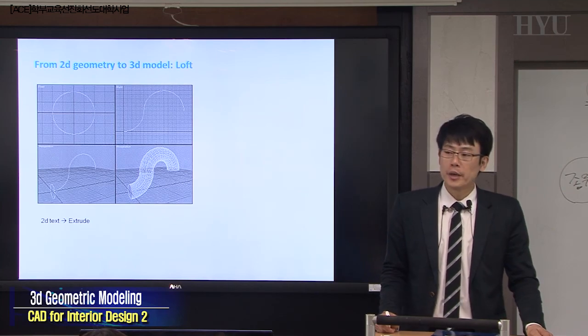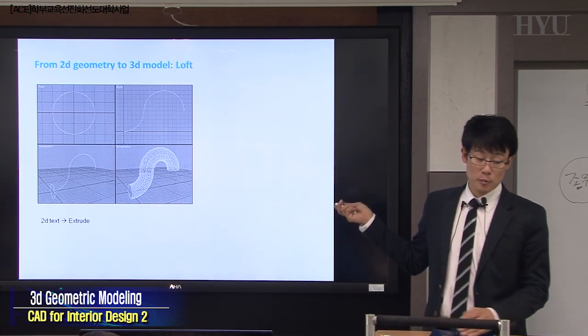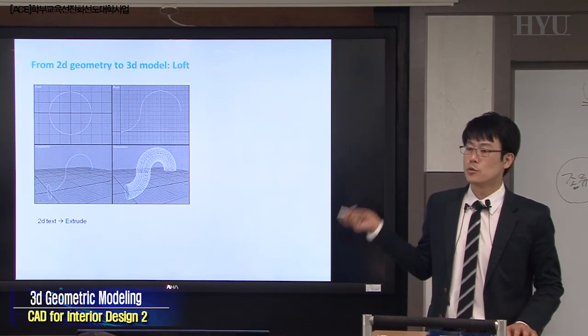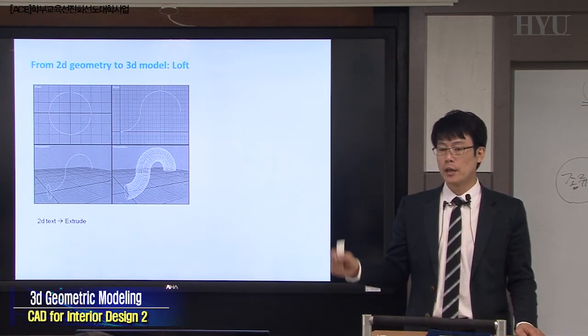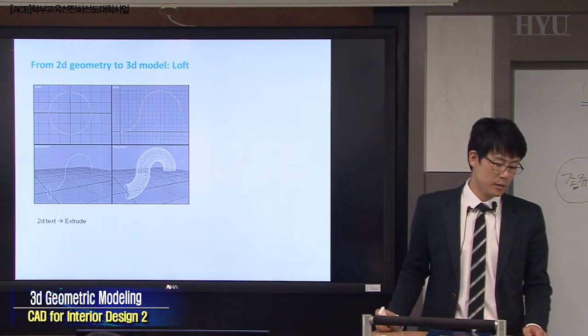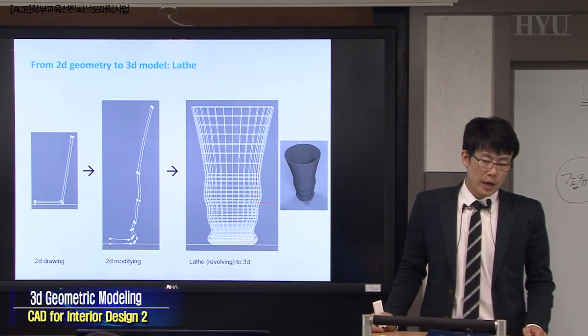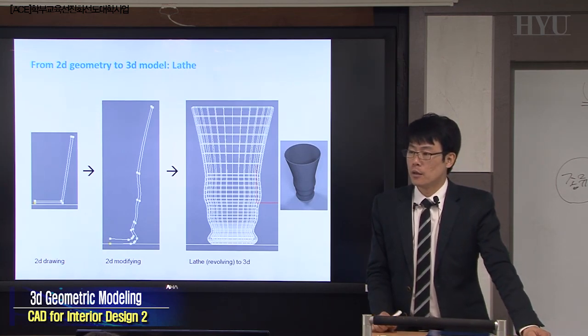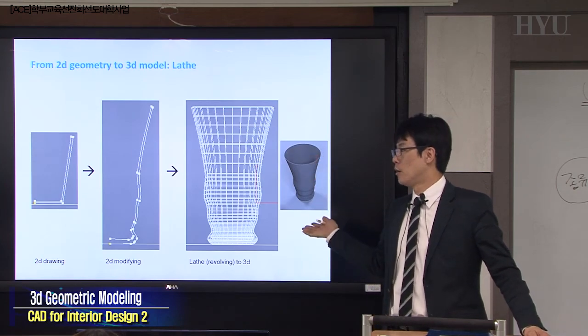Sweeping is a general term, but in 3D Max, there is a modifier named loft. Using the loft modifier, you can draw a 2D section profile and the path, and eventually you can get this kind of 3D object. I told you revolving is a general term and lathe is the term in 3D Max.